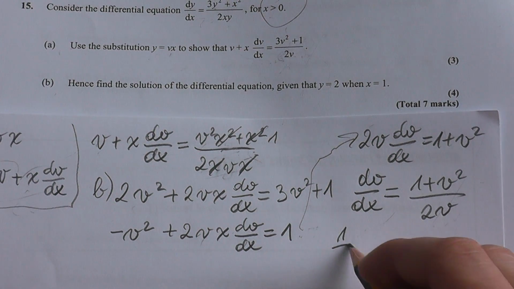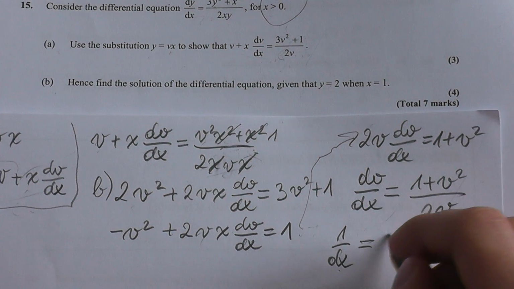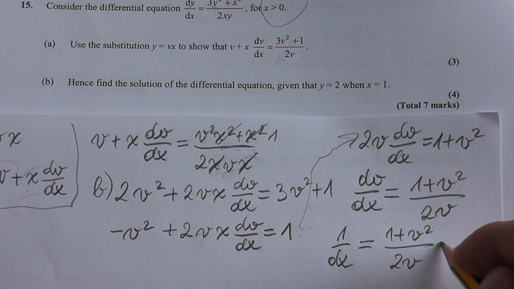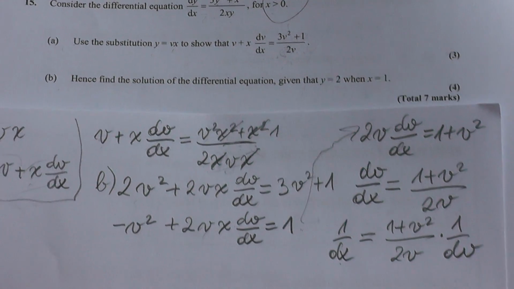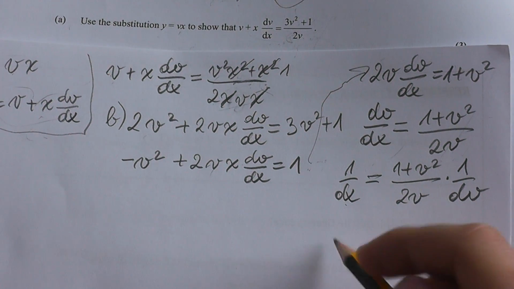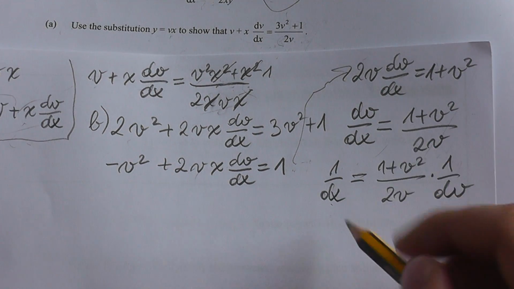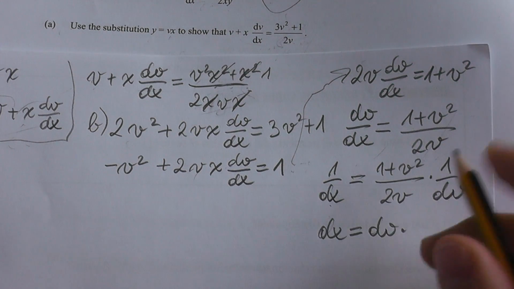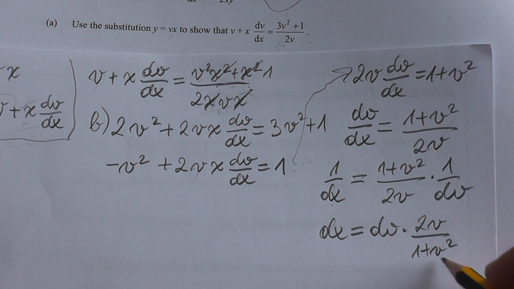Okay, it's a bit more complicated than I thought it was going to be. 1 over dx is equal to 1 plus v squared over 2v times 1 over dv. If you then flip the whole thing around, you get that dx is equal to dv times 2v over 1 plus v squared.